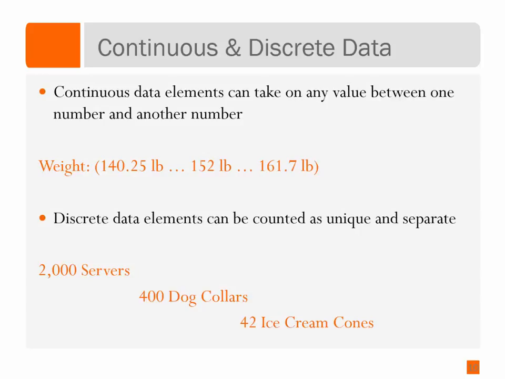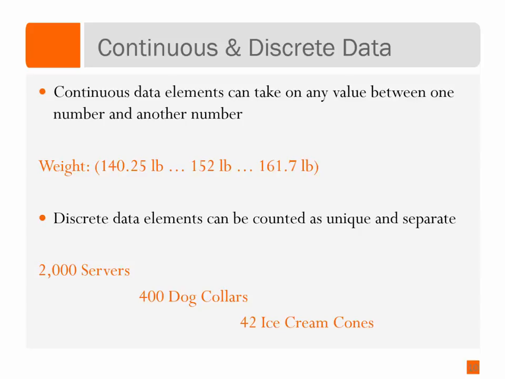So we also have continuous versus discrete data. Continuous data elements can take on any value between one number and another number. So what we see here, maybe some measurements of weight. The first individual weighs 140.25 pounds.